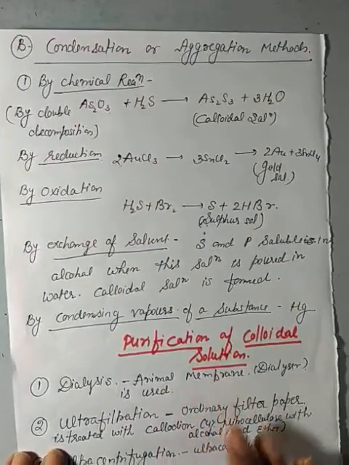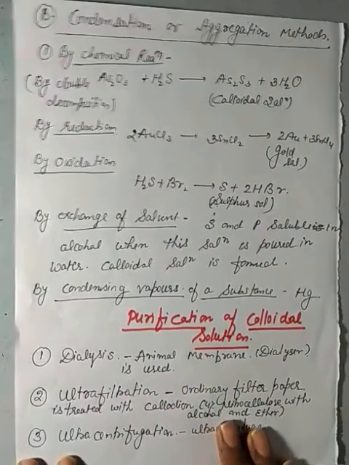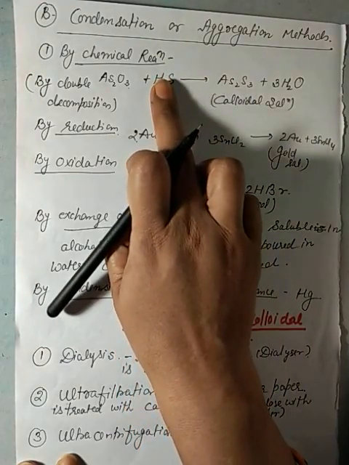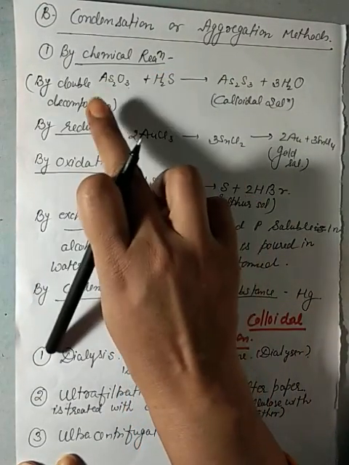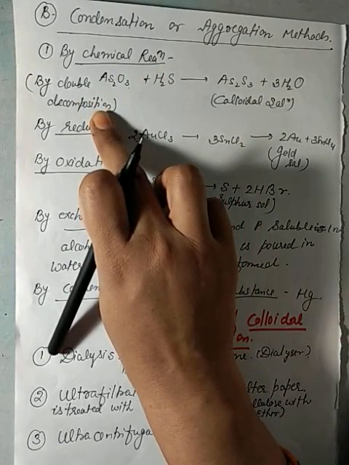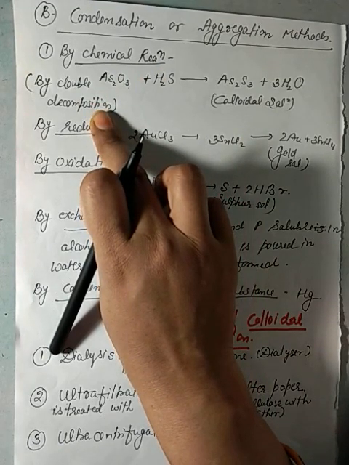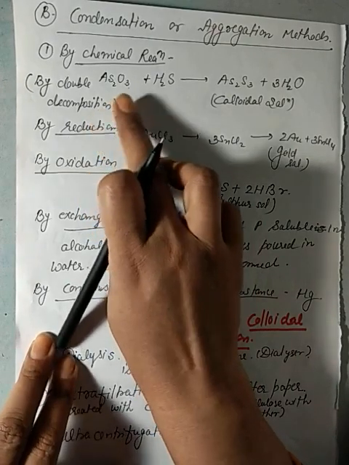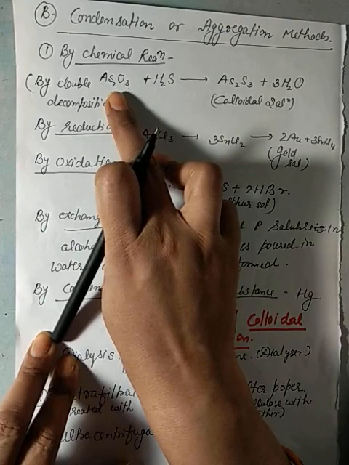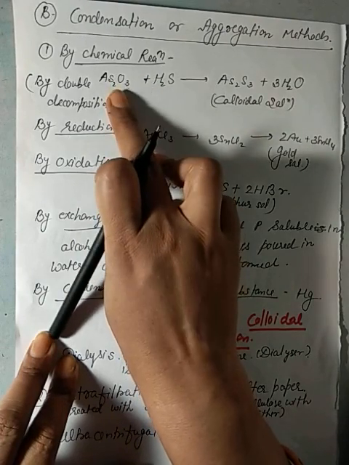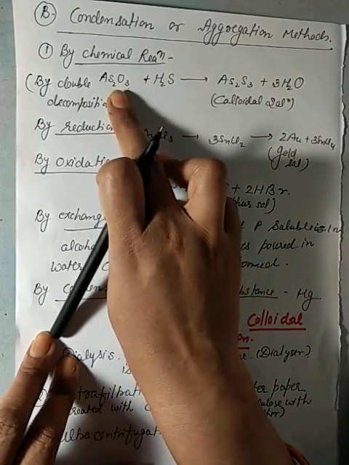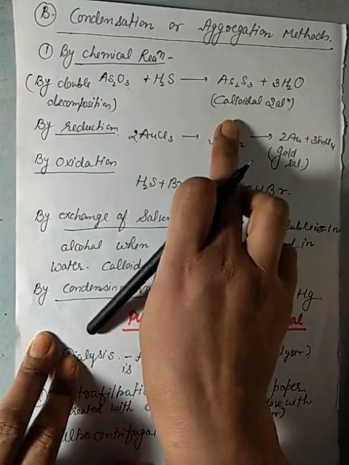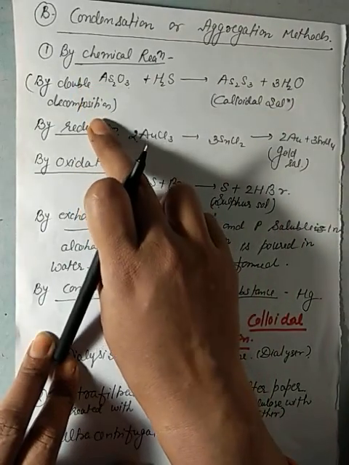In the condensation or aggregation methods, we can use the following methods. The first is chemical reaction. In chemical reaction, first we discuss double decomposition. If H2S is passed through arsenious oxide, it converts to a colloidal solution of arsenious sulfide by the process of double decomposition.